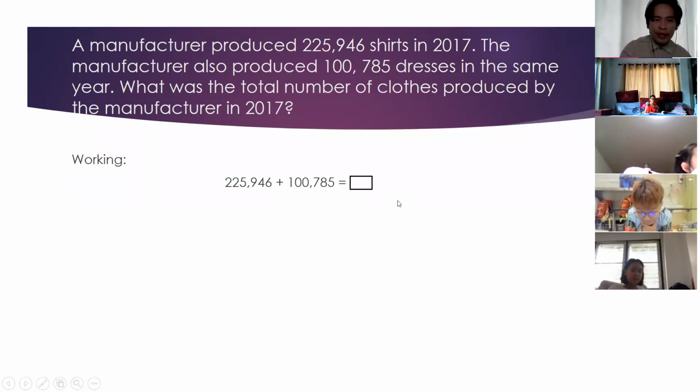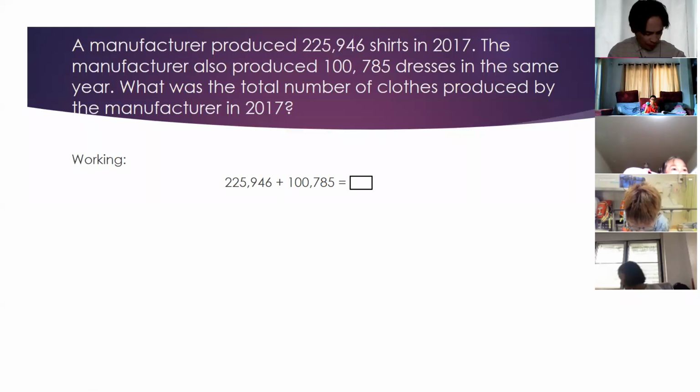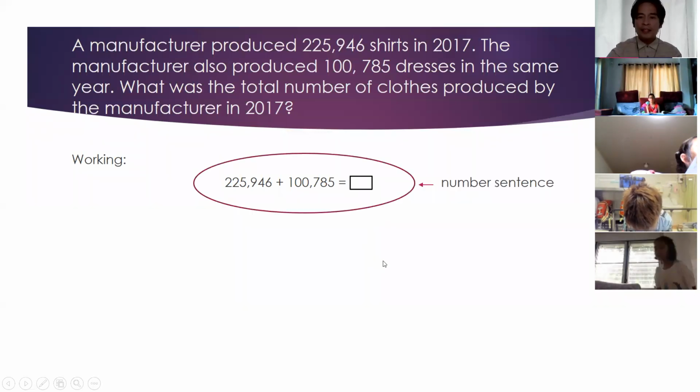Okay, when you were still in grade 3, I would like to repeat the first example. Instead of using colon, you can use the full stop or the period. So I'm going to use again the first example. A manufacturer produced 225,946 shirts in 2017. So this part is called the number sentence.